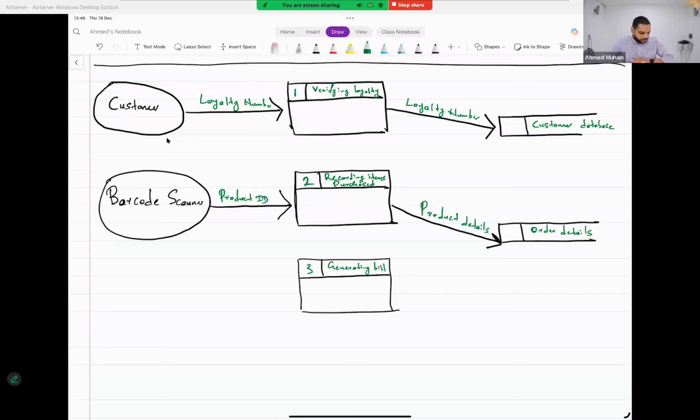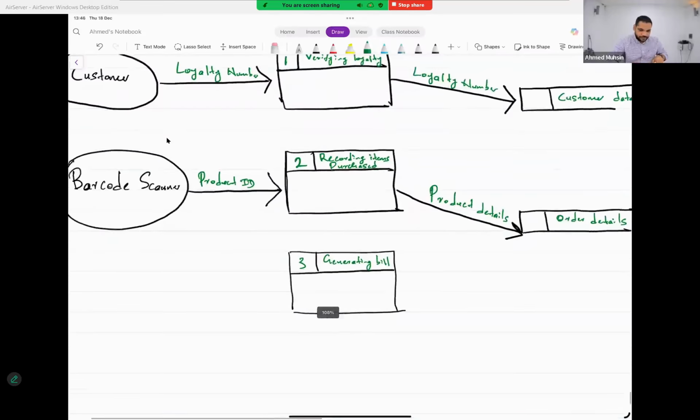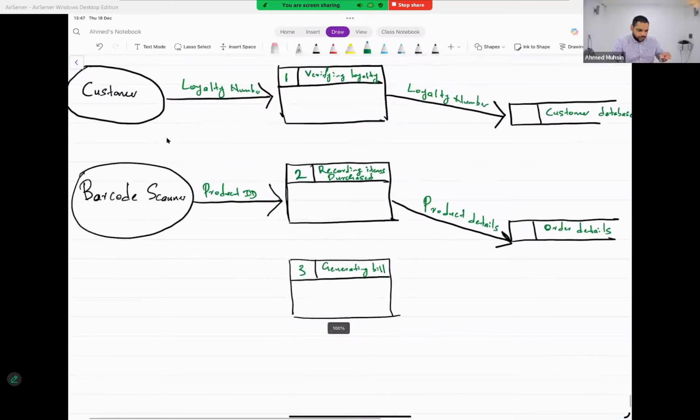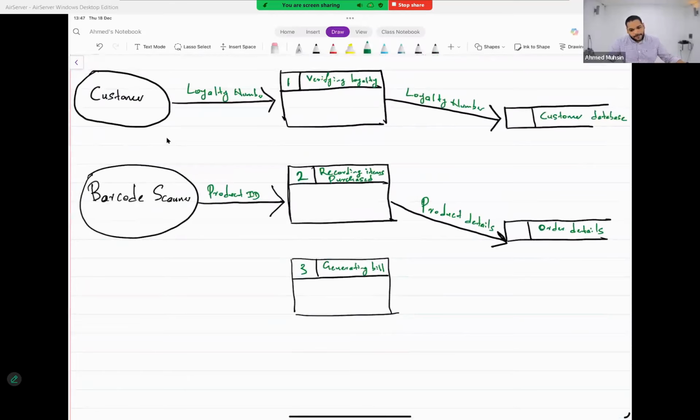In order to generate the bill, it needs to be continuously getting data from where?